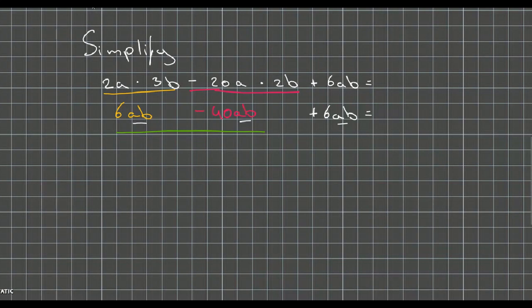So what does that leave us? 6 minus 40. So I have minus 34ab. Then I just copy this again. And then I can add 6ab. That gives me minus 28ab. And that's my final answer. And I can't simplify this any further.